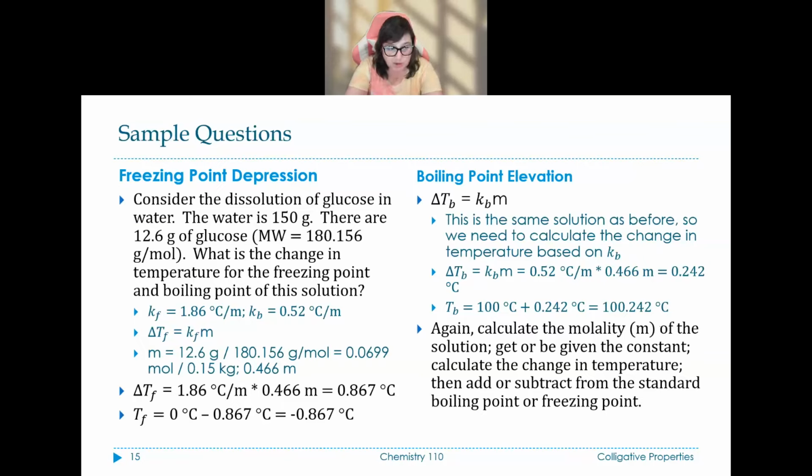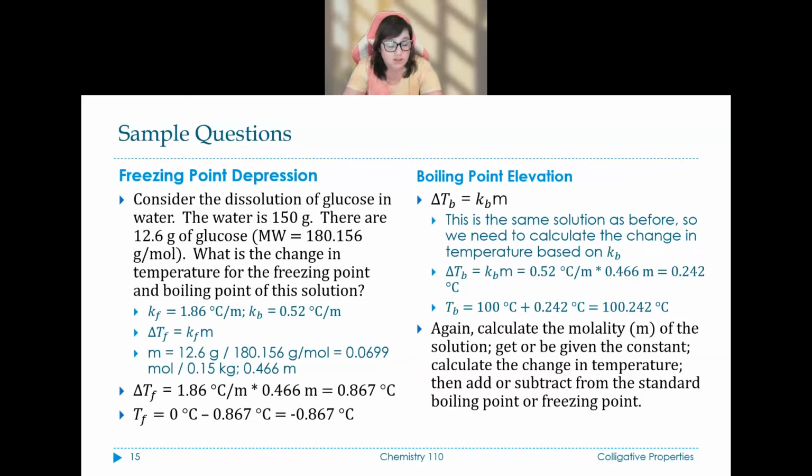What is the change in temperature for the freezing point and boiling point of this solution? Now they give me Kf, which is for the freezing point, as 1.86 degrees C per molal, and Kb, which is the boiling point elevation constant, as 0.52 degrees C per molal.